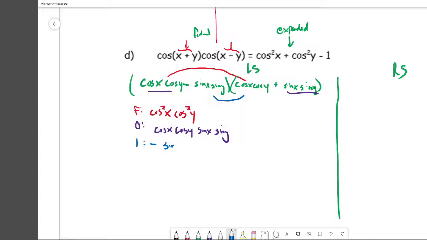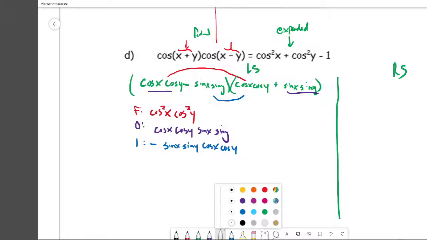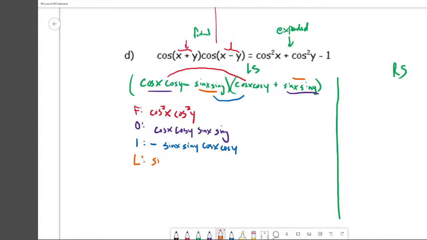So it's negative sine x, sine y, cos x, cos y, which those two things are going to cancel. And that leaves us with finally the last, which would be this one and this one, and there you're going to get sine squared x and then sine squared y.